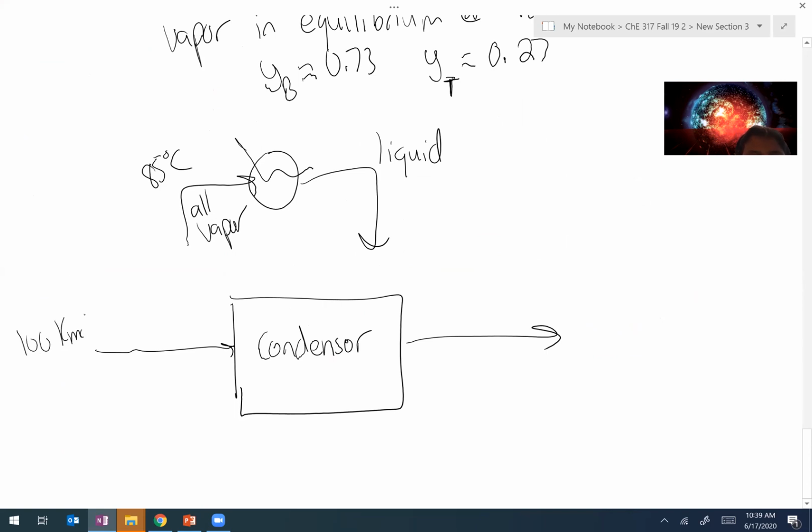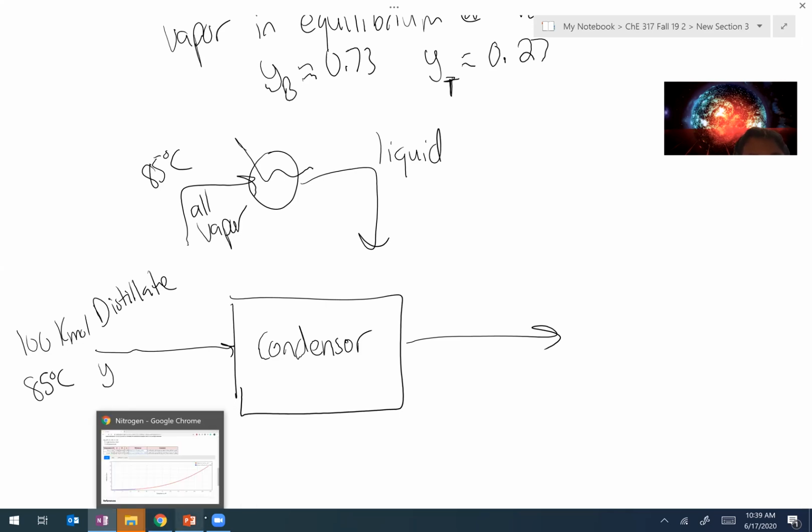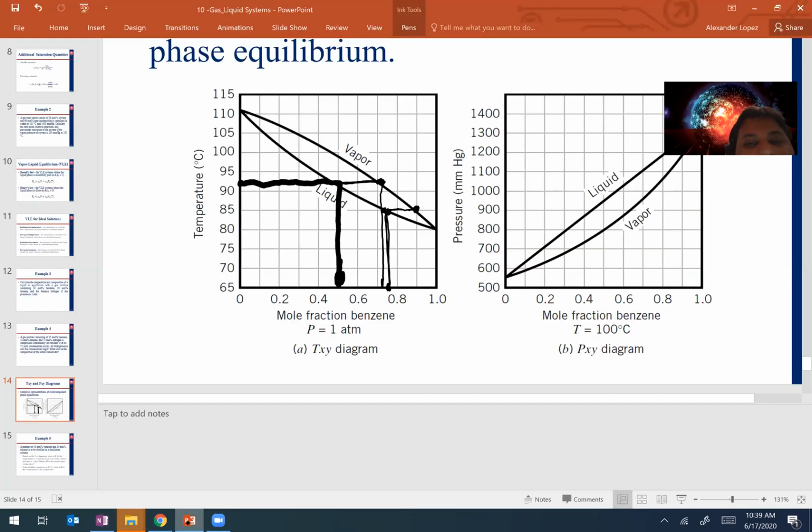If I take a basis of this system, 100 kilomoles of distillate at 85 degrees Celsius, and I already said what the mole fraction of benzene in that vapor phase is, approximately 0.9 benzene from that figure.